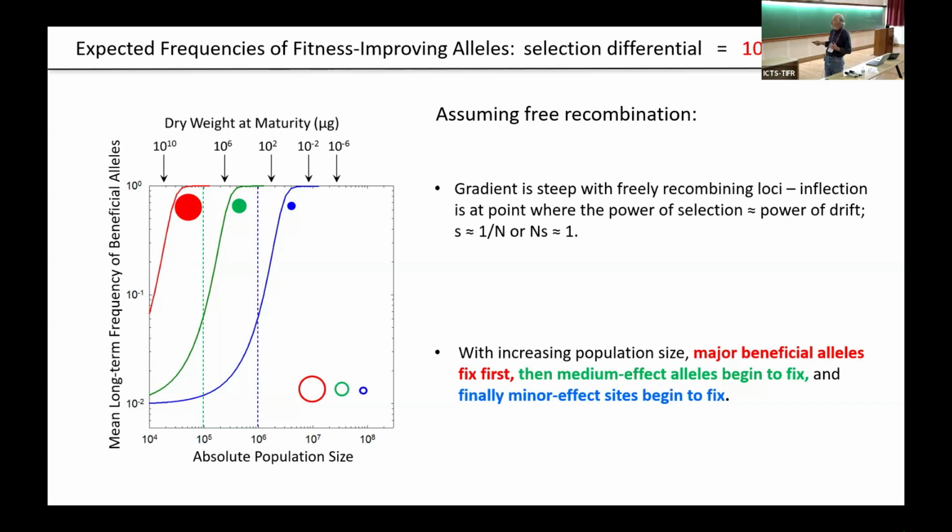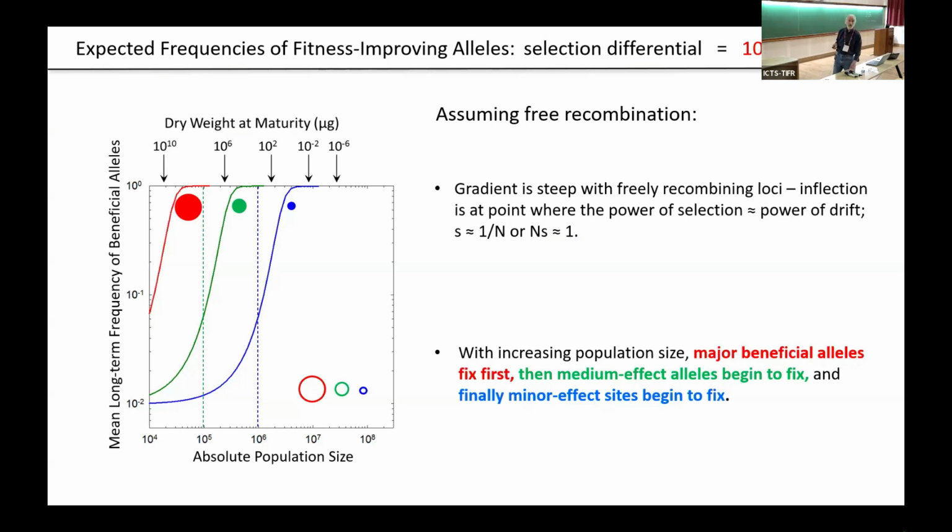So this is the absolute population size, and we're looking at the frequency of the populations that will be fixed for the beneficial allele. We have replicate populations. We're trying to think of the steady state probability that you're fixed for the good versus the bad allele here. And that's it for mutations with very large effect. That's the view from moderate effects and small effects.